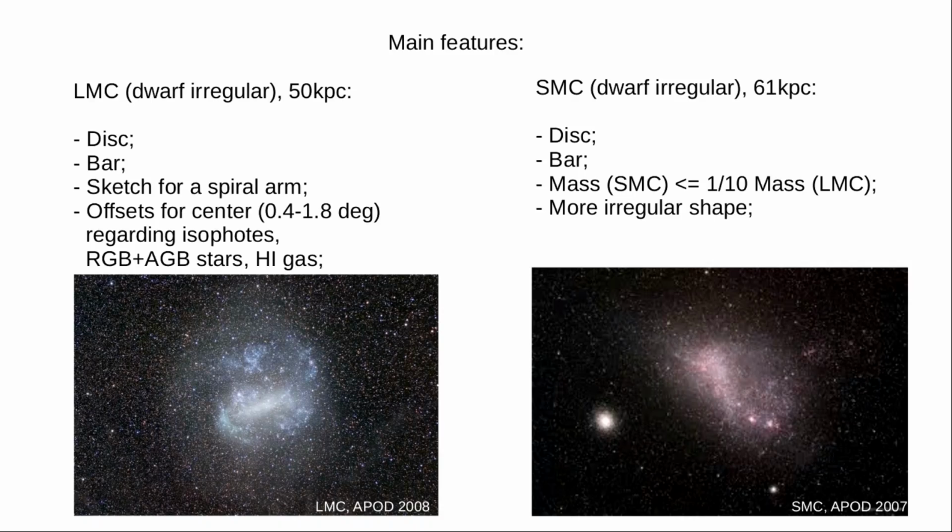The SMC, also classified as an irregular galaxy, has also a disk, a bar, and its mass is about 1/10 of the Large Magellanic Cloud, but its shape is more irregular than the LMC. In the image on the right, we can see the SMC and also the Galactic Globular Cluster 47 Tucanae.